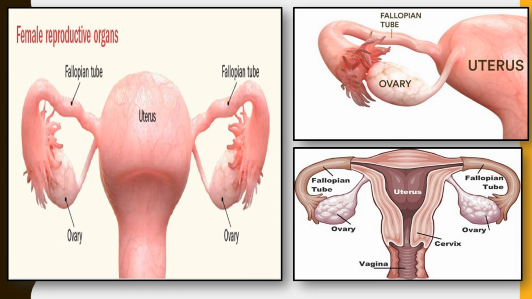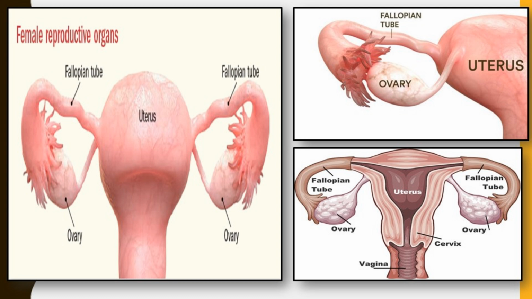Now we are going to discuss the ovaries of the female reproductive system. From the diagram you can see the ovaries, how they are connected, where they are located and all. So just go through the diagram and listen to the explanation.